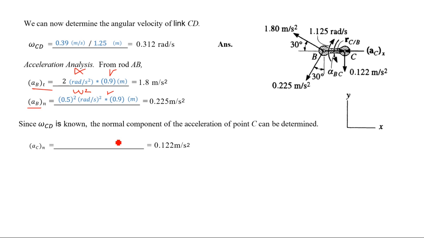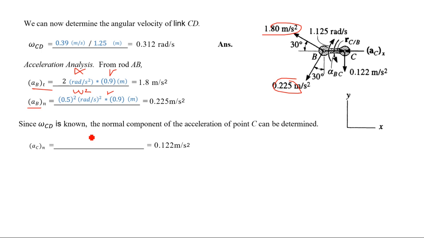Now we are going to go to the link CD. We are going to put the acceleration, that's the tangential, and that's the normal value. And we do have the omega, and the acceleration C is going to be 0 in the vertical value. Now the ACN can be found.